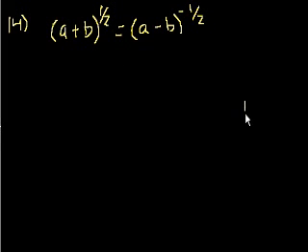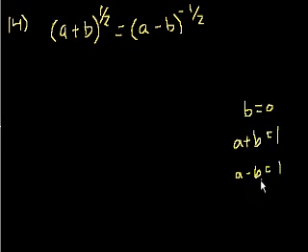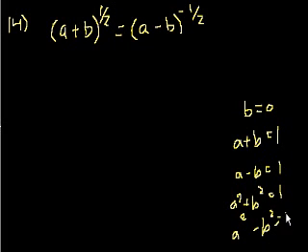Choice A: b is equal to 0. Choice B: a plus b is equal to 1. Choice C: a minus b is equal to 1. Choice D: a squared plus b squared is equal to 1. Choice E: a squared minus b squared is equal to 1.